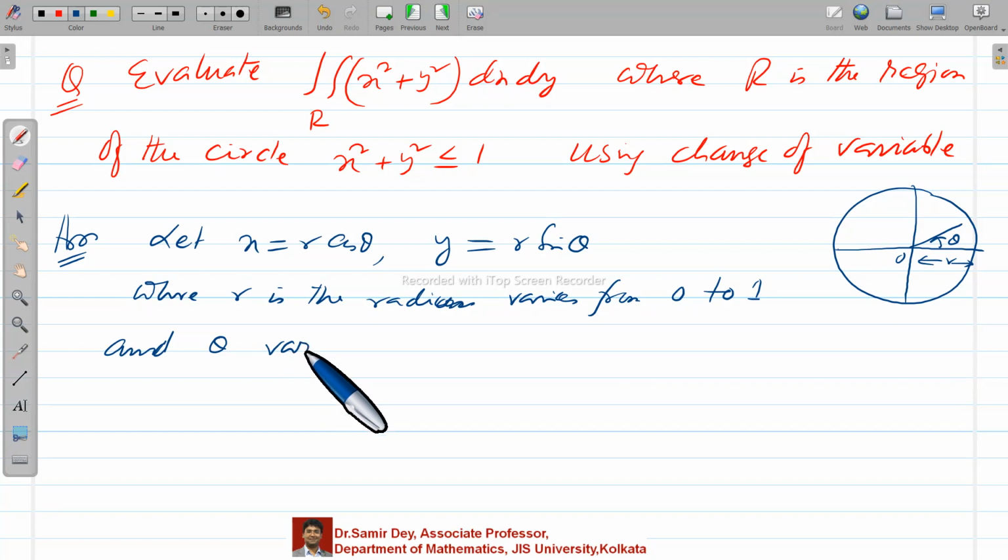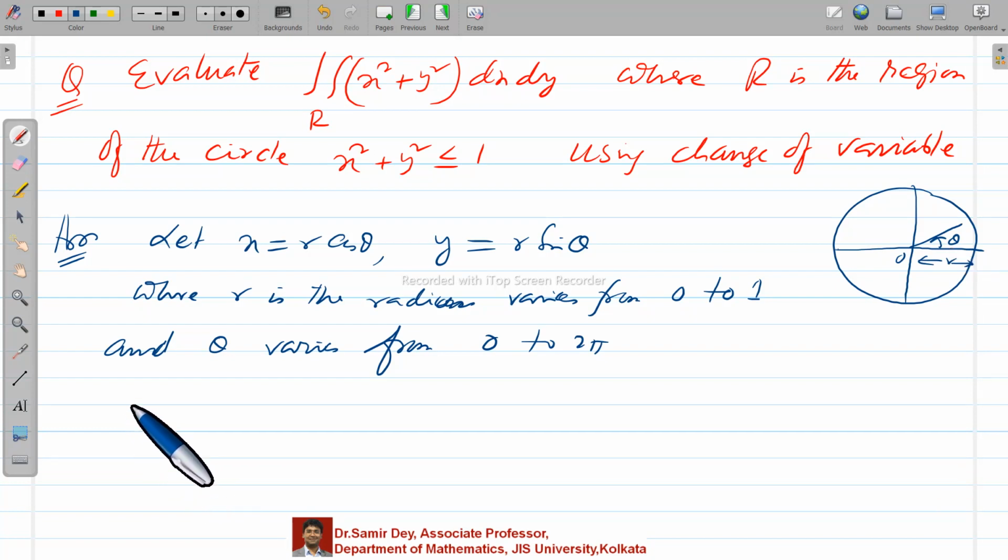Theta varies from 0 to 2 pi. Why 2 pi? Because it makes a circle full. It is 90, it is 180, and then 180.